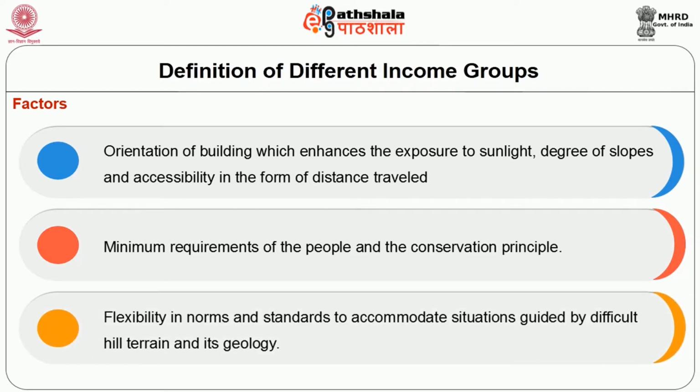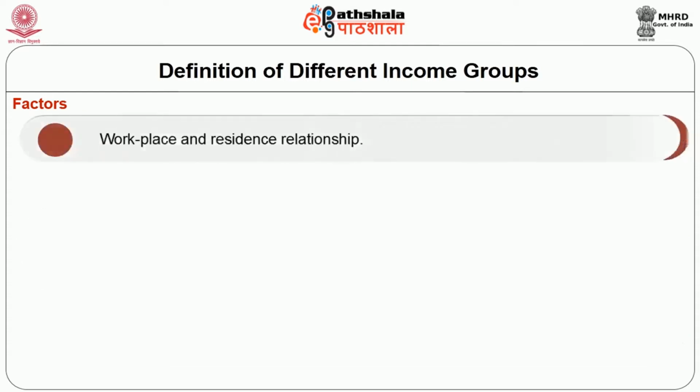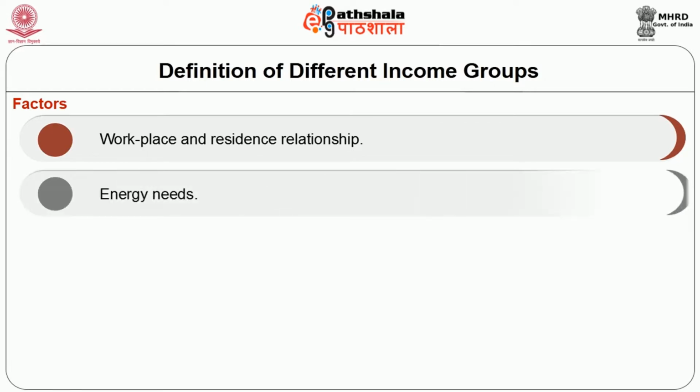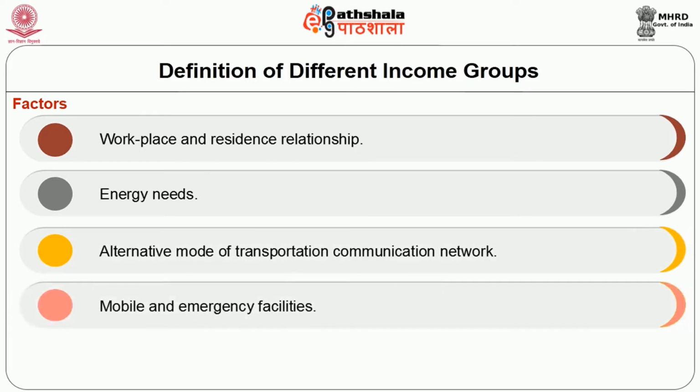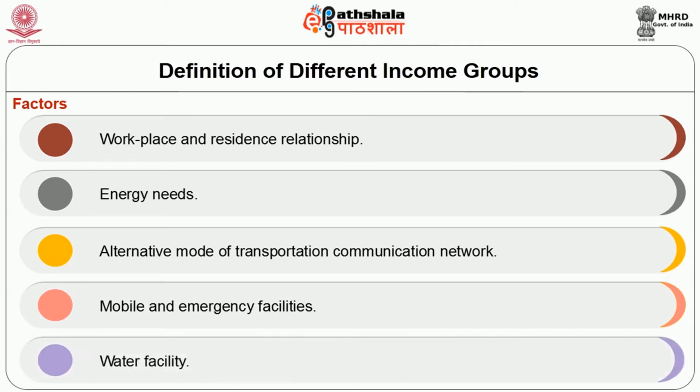Next is flexibility in norms and standards to accommodate situations guided by difficult hill terrain and its geology. Fourth is workplace and residence relationship. Fifth is the energy needs. Sixth is alternative mode of transportation and communication network. Next is mobile and emergency facilities. And last one, the basic need, is the water facility.